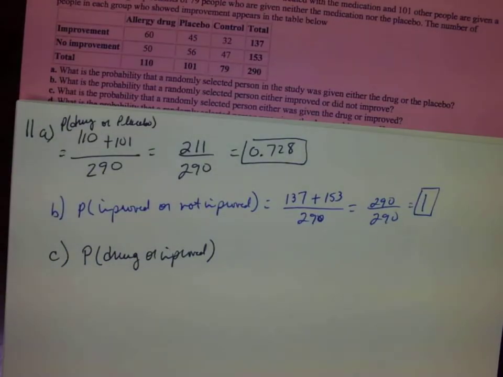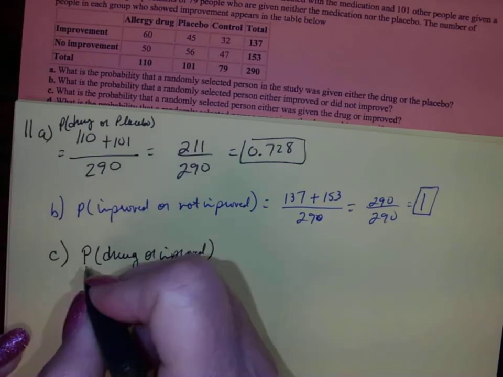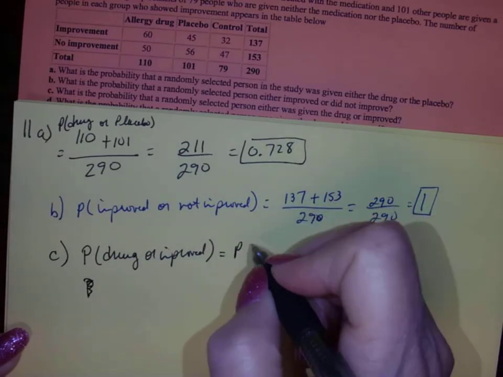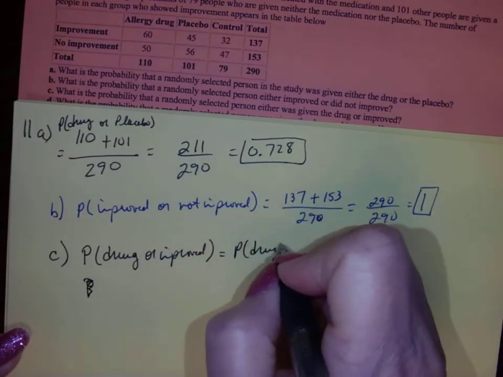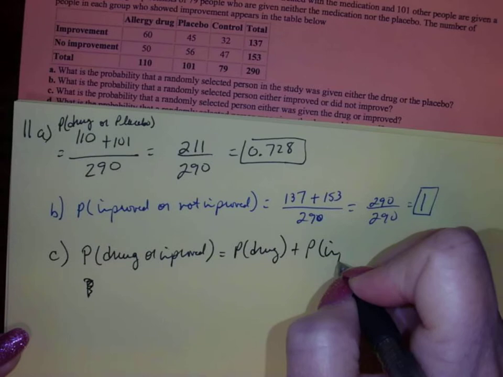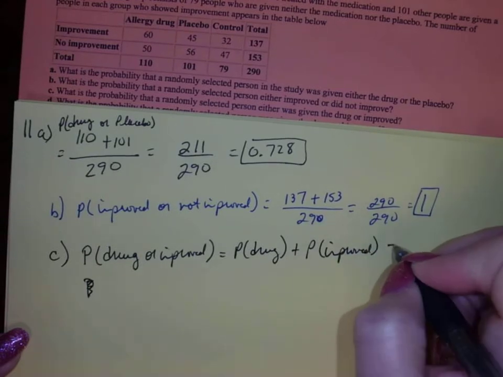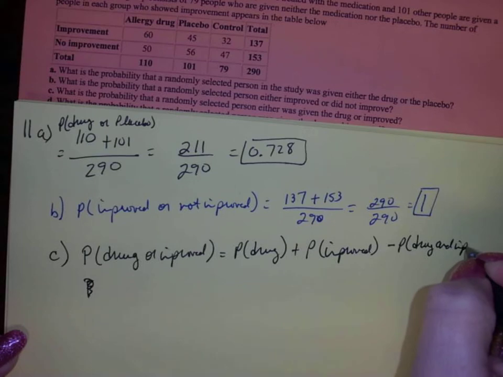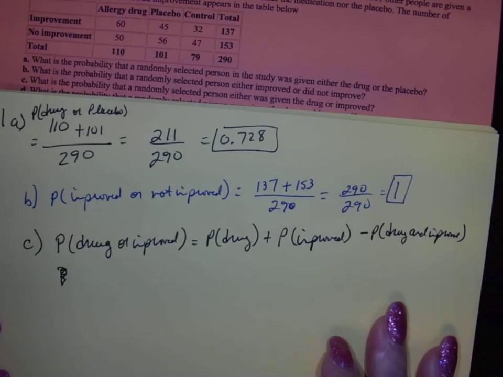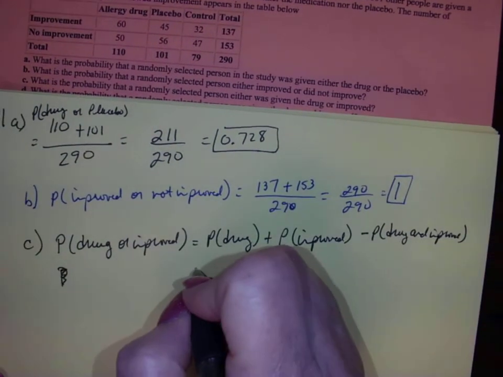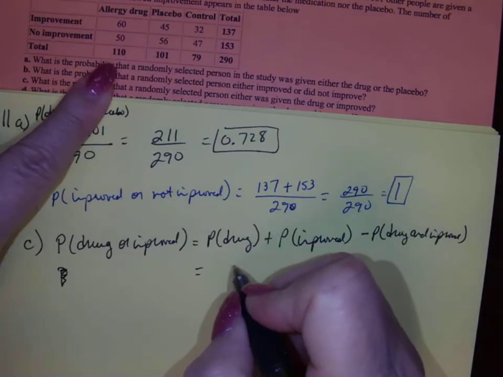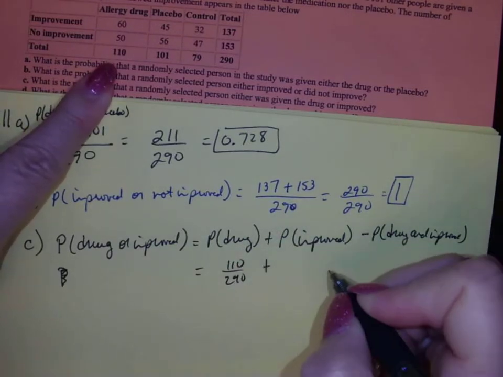So the first thing I'm going to show you is there's a formula for that, right? We can do the probability equals the probability of the drug plus the probability of improved minus the probability of drug and improved, where they overlap. So this, if we do it this way, would be equal to the drug was 110 out of 290.